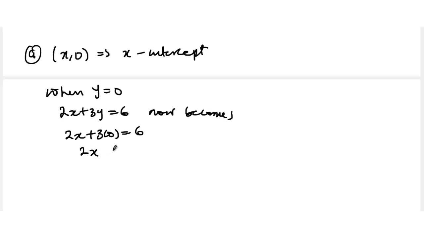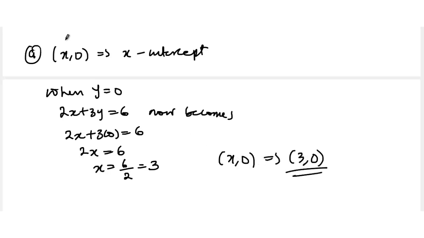So we have 2x plus 0 is equal to 6, so x is equal to 6 over 2, which gives us 3. So our x-intercept is equal to 3. Written as (x, 0), it is (3, 0). So this is our x-intercept.